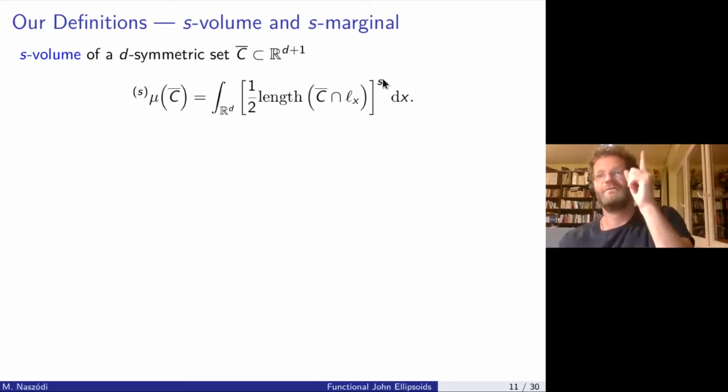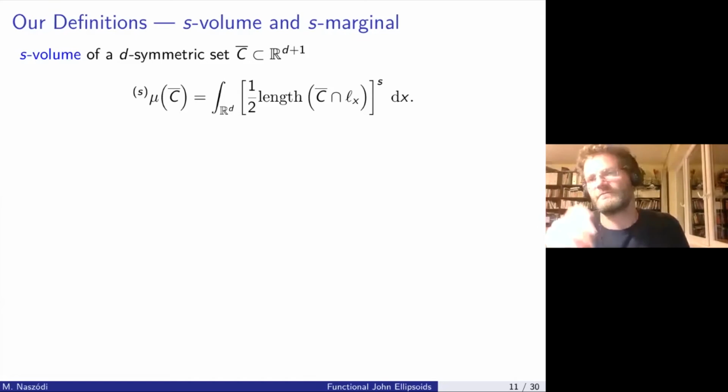So when I see a vertical line, in terms of volume, I see an s-dimensional disk there. That's why this power s. If you have an s-dimensional disk of radius r, then the volume is some constant times r to the s. So that's why I have this s.